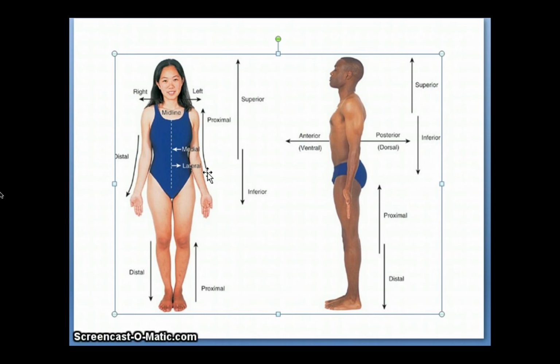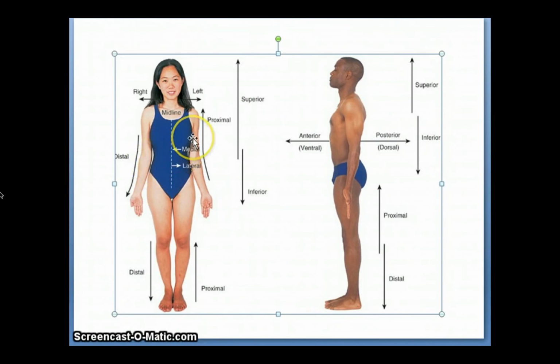The last set of terms are what's called contralateral and ipsilateral. Ipsilateral, remember, has two eyes, which means the two parts are on the same side. So if I made the comment, the right leg and the right arm are blank, you would say they are ipsilateral. They are on the same side.